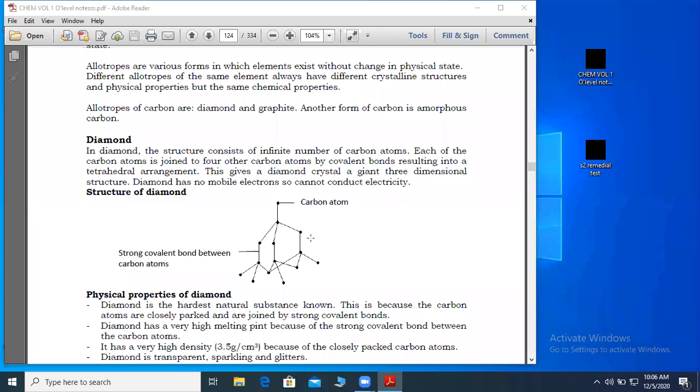I repeat the statement we are noting down: in diamond, each carbon atom is bonded to 4 other carbon atoms by covalent bonds, and therefore all the electrons participate in bonding.